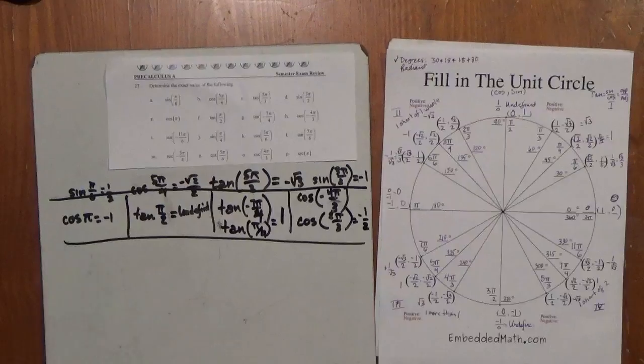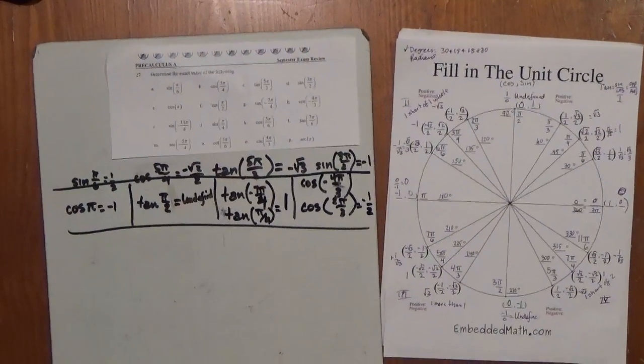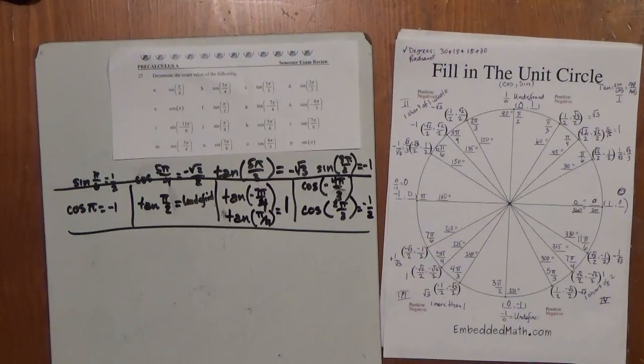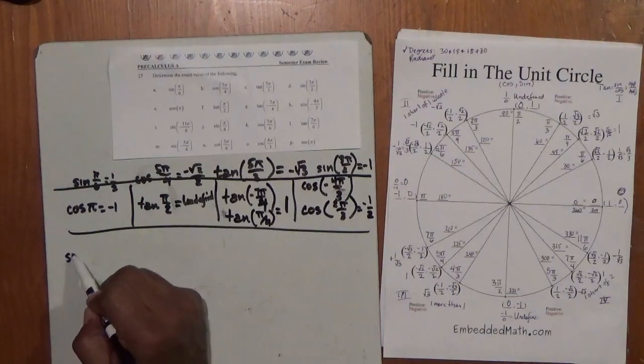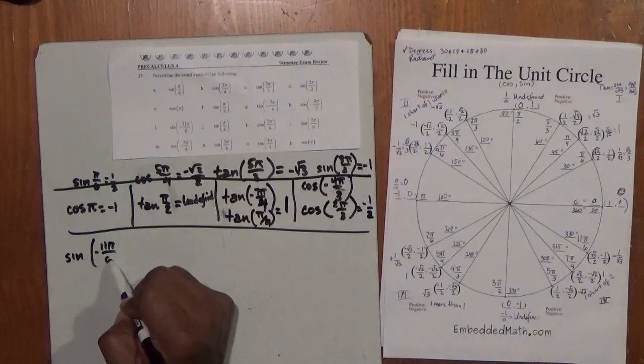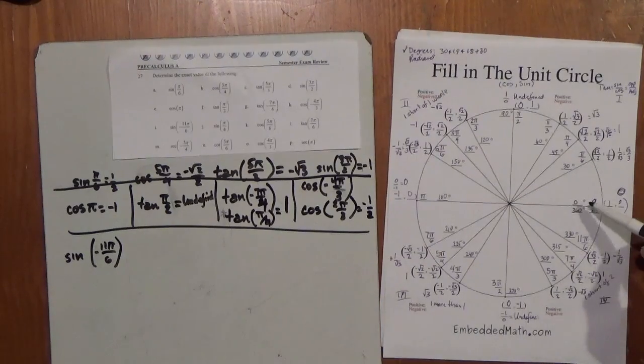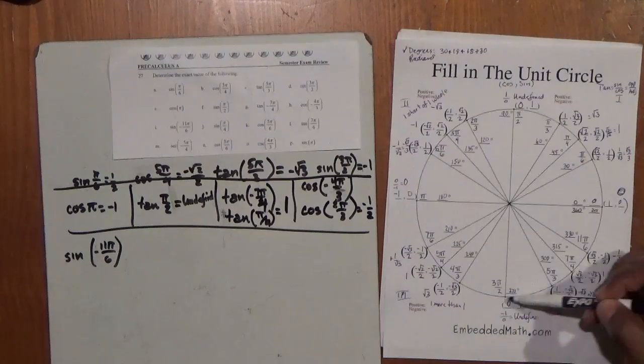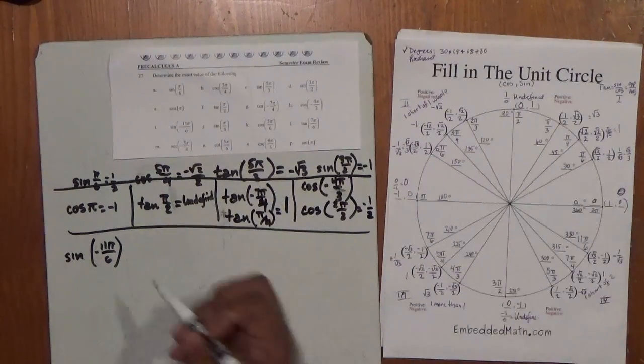I know this is getting kind of junky, but we'll keep going. Sine of -11 pi over 6. Again, 11 pi over 6 would be 330 degrees, but we're going in the negative direction starting at 0, and that will pull us to pi over 6.